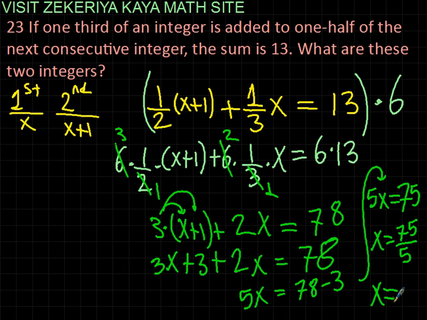Do you understand? Instead of 75, 3 times 25. Then 25 divided by 5 is 5. 3 times 5 makes 15. So the first number is 15. The second number is 16. Okay?